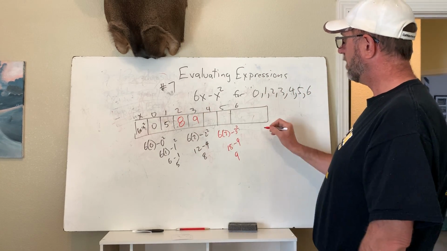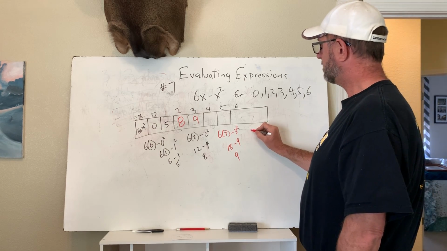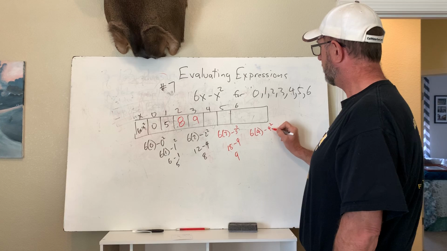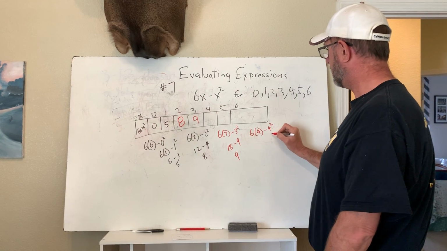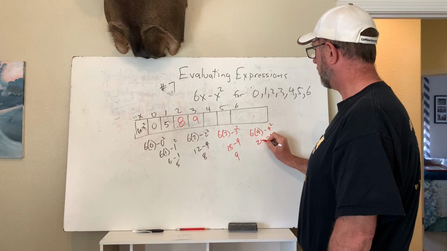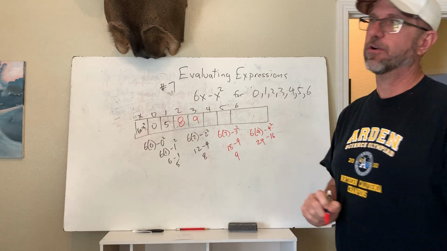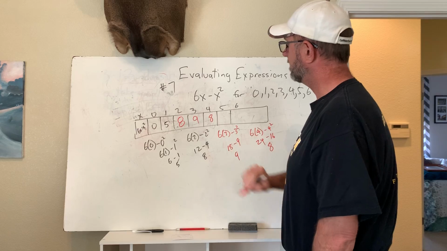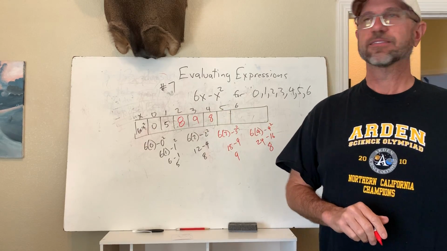If we go to 4, 6 times 4 minus 4 squared. 4 squared is 16. 6 times 4 is 24. 24 minus 16 is 8. Well, look at that. Isn't that interesting? The numbers are going down.